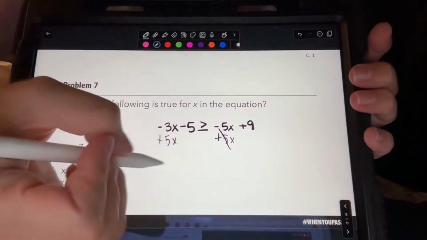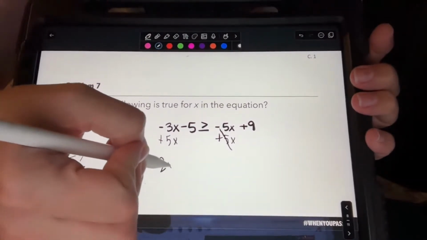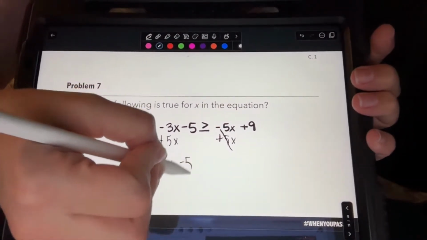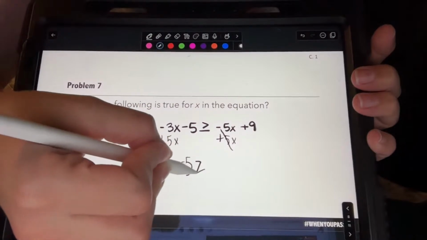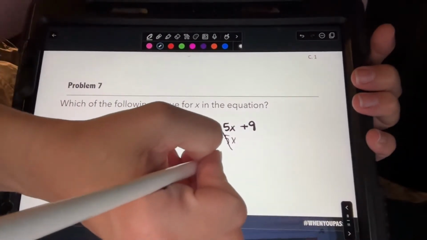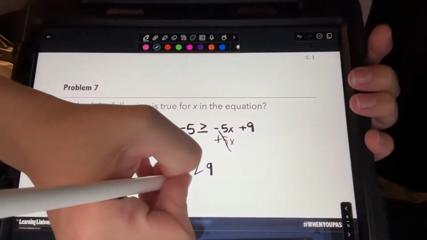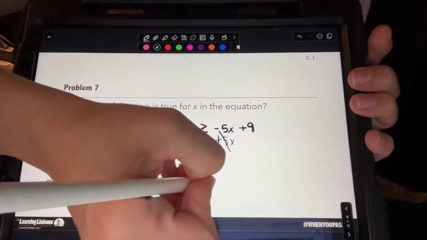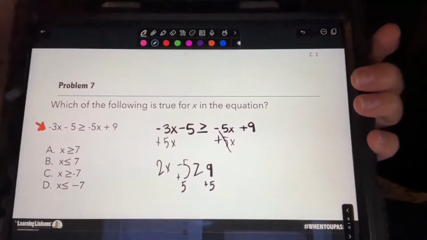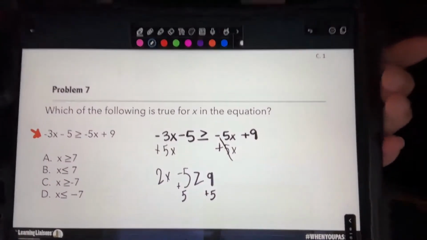Negative 3 plus 5 is 2x minus 5 is greater than or equal to 9. Now I'm going to add 5 to both sides because, again, whatever I do to one side, I can do to another. And really, at this point, all I'm doing is trying to move puzzle pieces around so that the x's are together on one side and the constants are together on the other side.